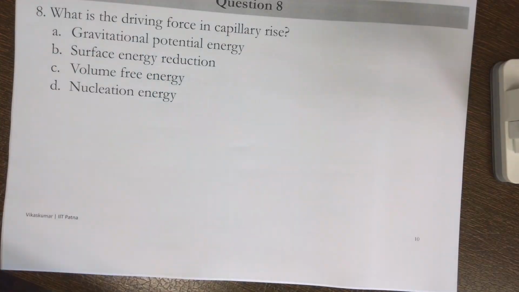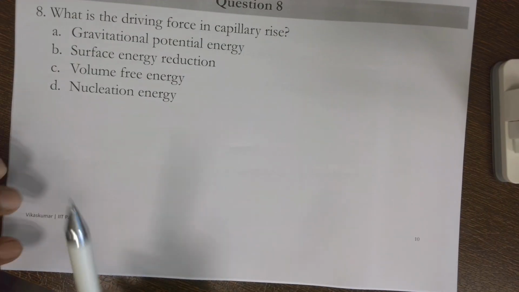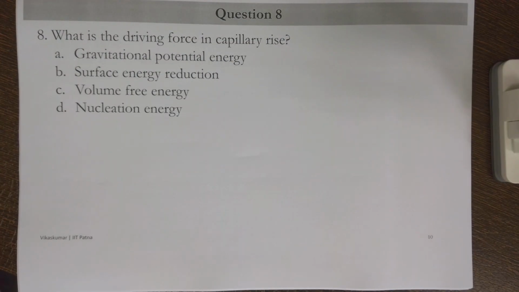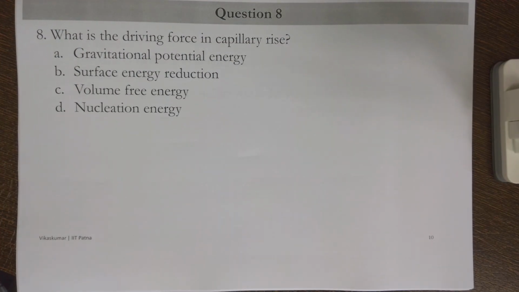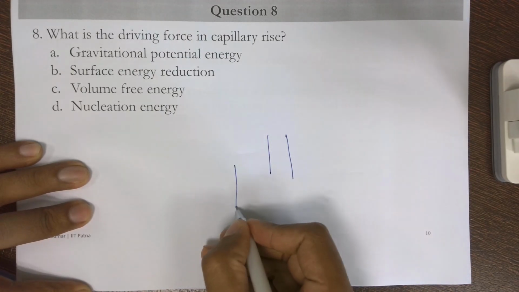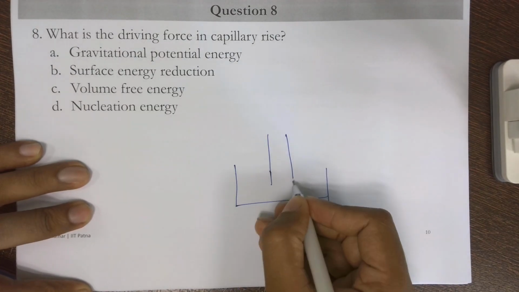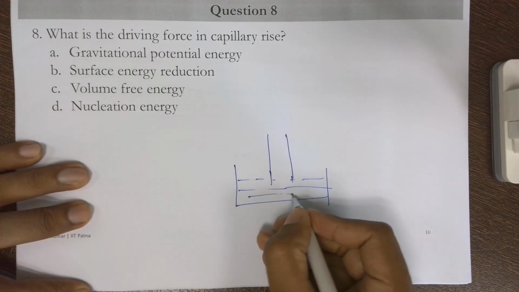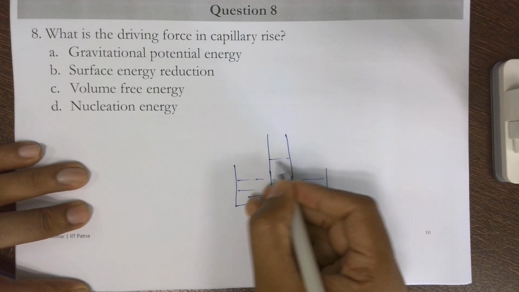Okay, let's move ahead. Let's go to question number 8. What is the driving force in capillary rise? We discussed that capillary rise is there, and for example, if I take a tube and submerge it in water or some liquid media, what we usually see is a sudden rise.